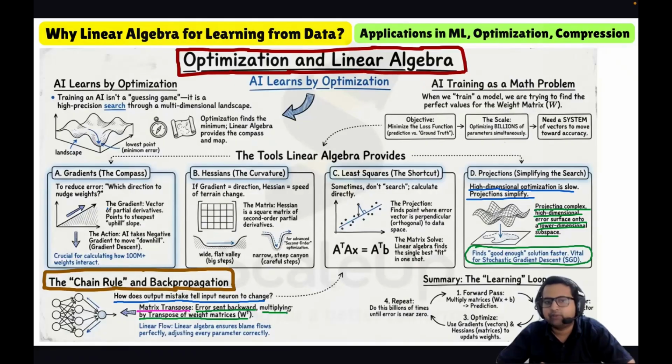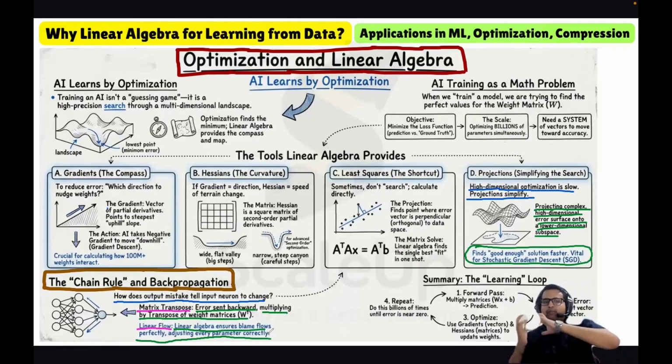So whatever the error was, we will send the error backward through the network, and in every layer we are multiplying the error vector by the transpose of the weight matrices. If we talk about linear flow, linear algebra allows the blame for an error to flow perfectly across millions of connections, ensuring every single parameter is adjusted by exactly the right amount.